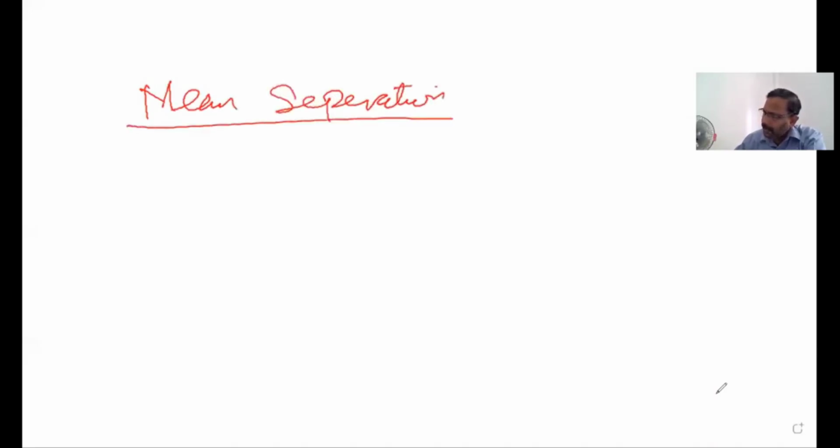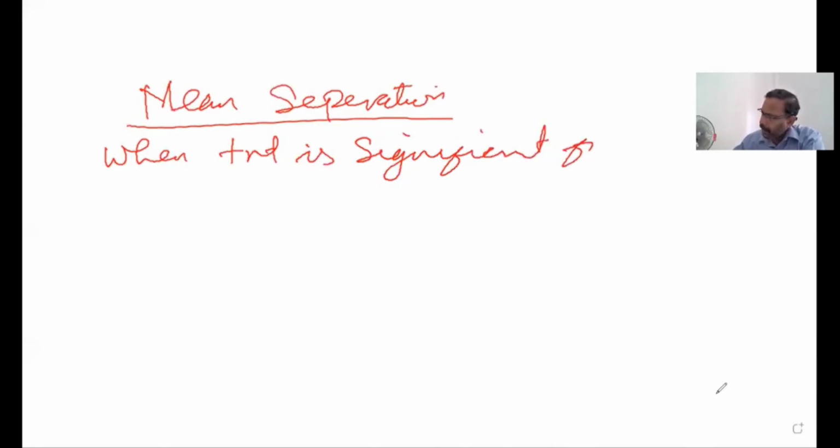Mean separation is done when the treatment is significant in the ANOVA table.